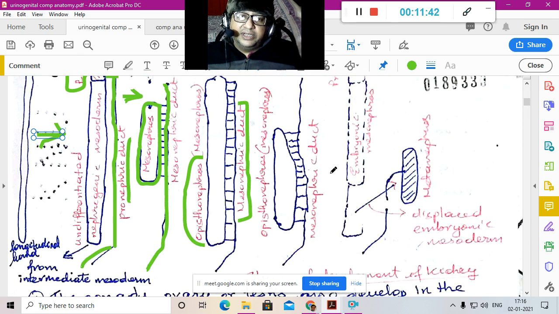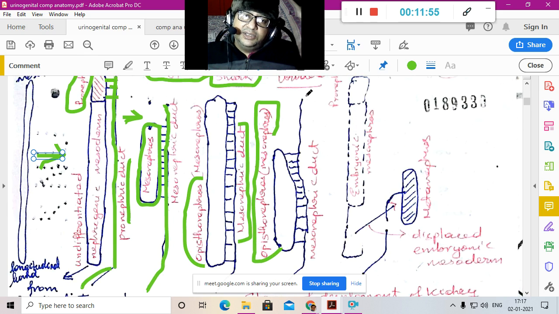In urodeles, or amphibians, you also find the opisthonephros, the type of mesonephros, though it is shaped a bit differently. You have the mesonephric duct.